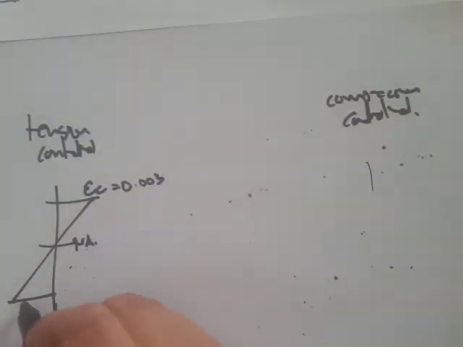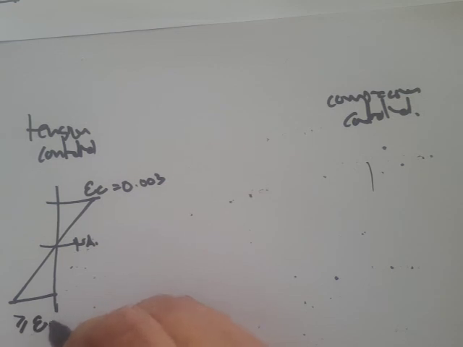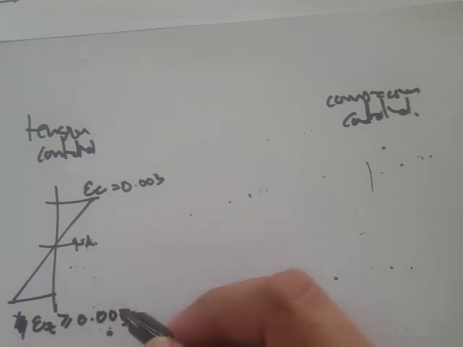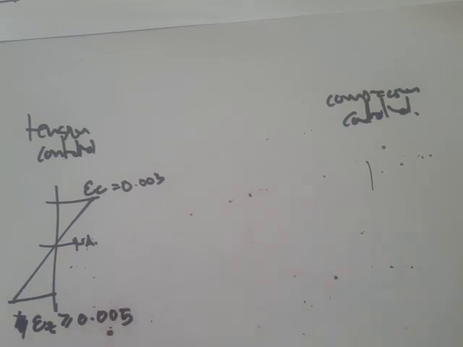This is our neutral axis, and this is our strain of concrete, which is 0.003, and then our strain on the steel would be greater than 0.005. Okay, so that's the definition.